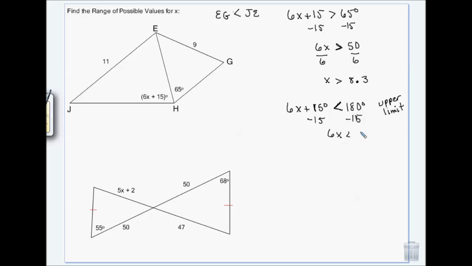And that gives us that 6x is going to be less than 165. And if we divide by 6, x is going to be less than 27.5. So x is going to be greater than 8.3, but less than 27.5.